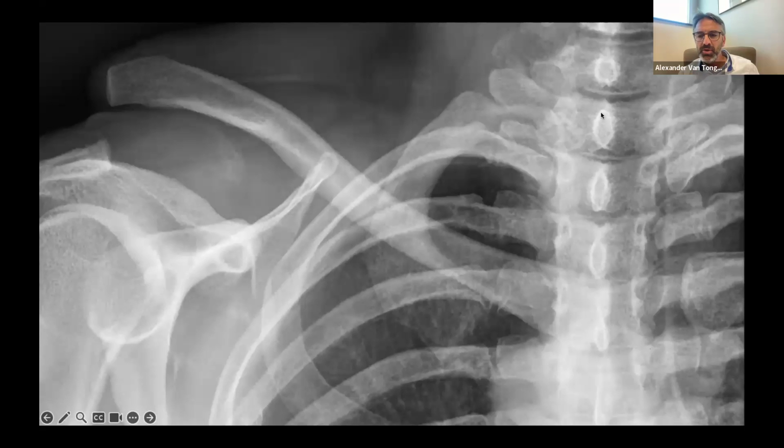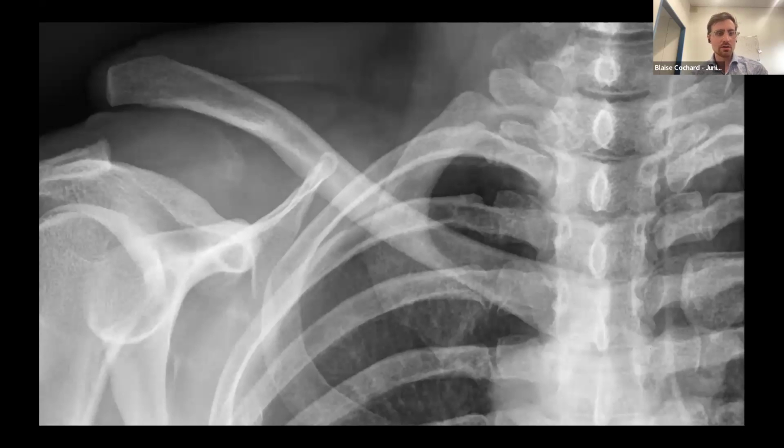And you, Blaise, what would you do? Do you think it would be helpful in this case, or would it change your treatment protocol? No, the main protocol. If we have a stress X-ray, in this specific case, I don't think it's useful because we have such a big displacement of the AC joint.